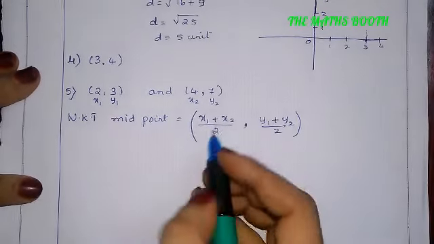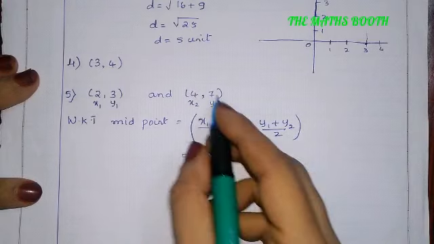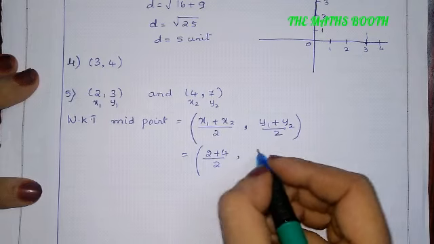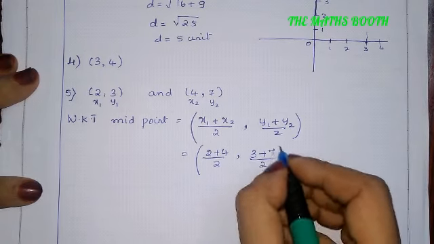So this first point is x1, y1 and the second is x2, y2. Let us substitute in this. x1 is 2 plus x2 is 4, by 2, comma y1 is 3 plus y2 is 7, by 2.